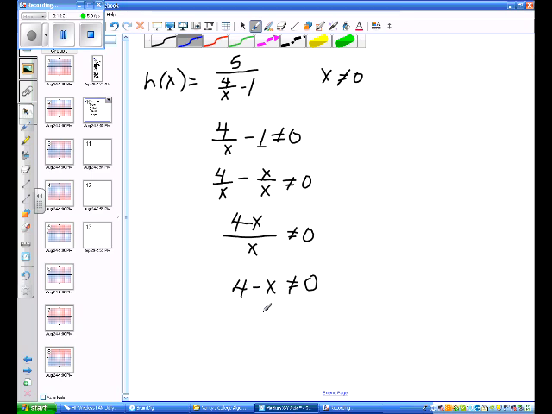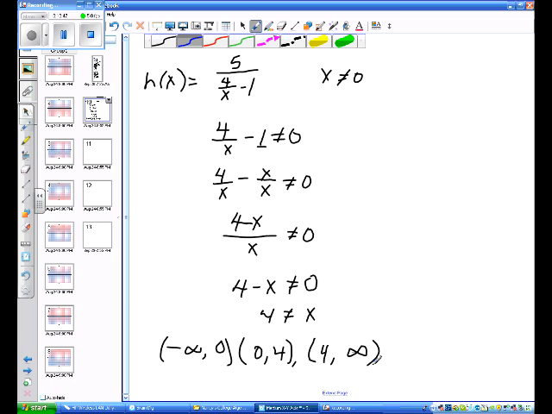We could add x to both sides, so 4 cannot equal x. So x can't be 0 and x cannot be 4. It can be all the other numbers other than 0 and 4. So it can be from negative infinity to 0, from 0 to 4, and from 4 to positive infinity.